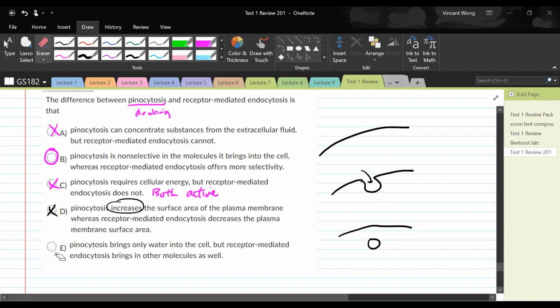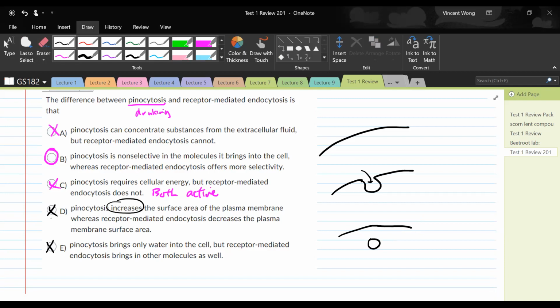That's not correct. Pinocytosis brings in only water into the cell, but receptor-mediated endocytosis brings in other molecules as well. Like I said, it's not just water. It's called cell drinking, but there is so much stuff outside. You might inadvertently end up bringing in some solids as well.